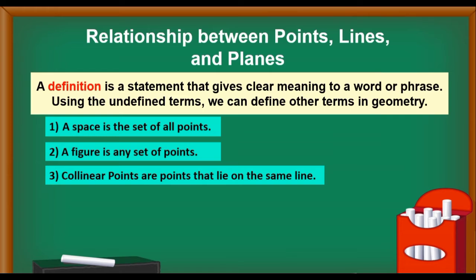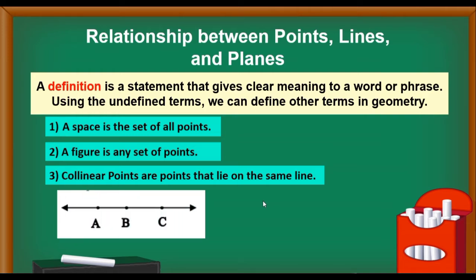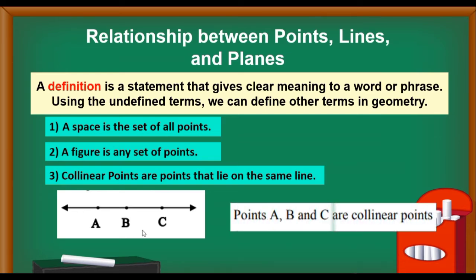Then, we also have what we call the collinear points. O, tandaan natin, collinear are points that lie on the same line. Kaya nga, ibig sabihin, co-linear, sa iisang linya. Okay? So, ito po ang example ng collinear points. So, point A, B, and C are collinear points.